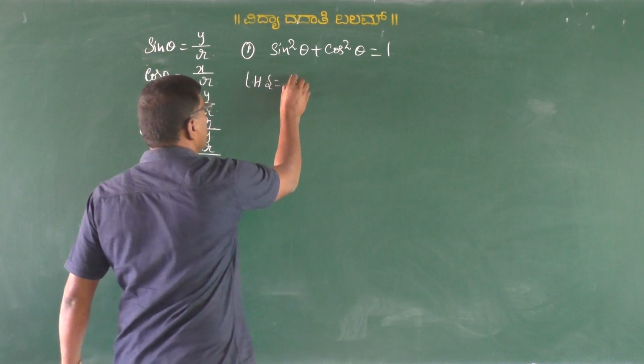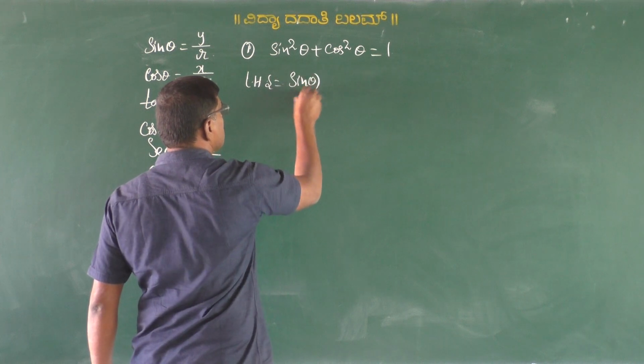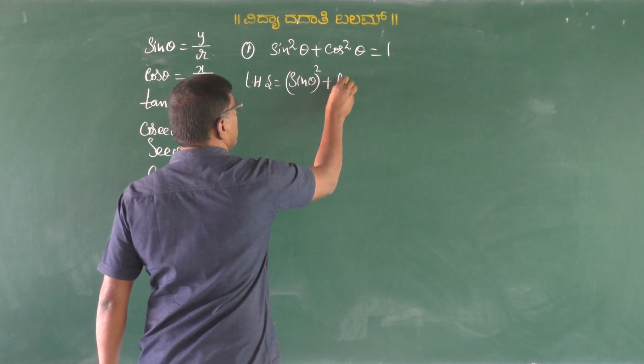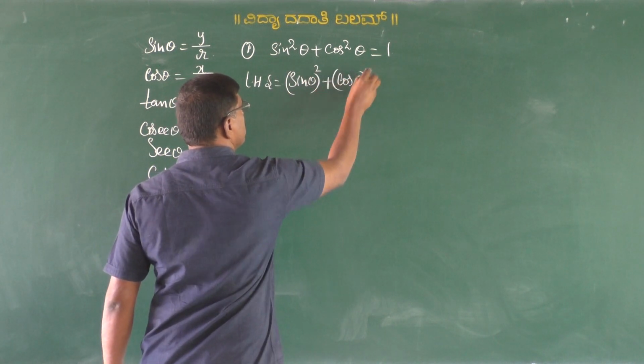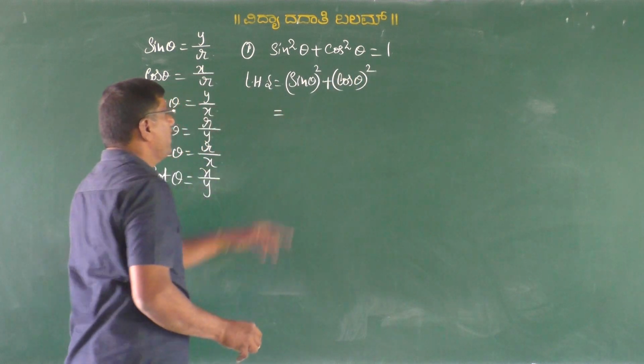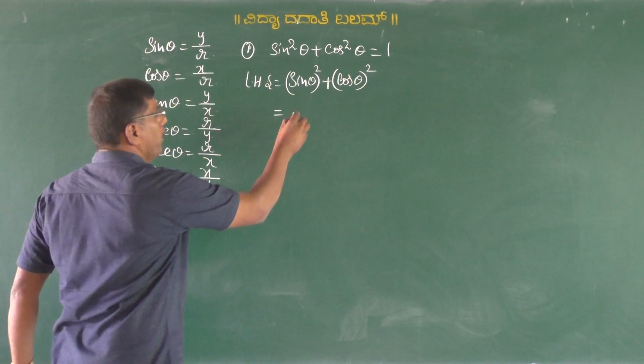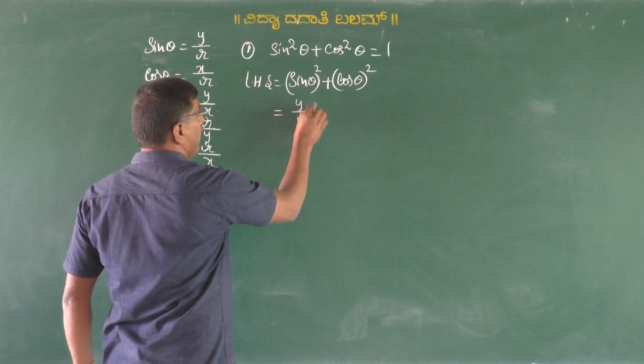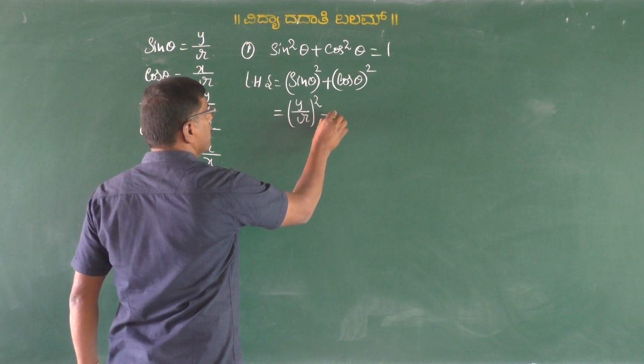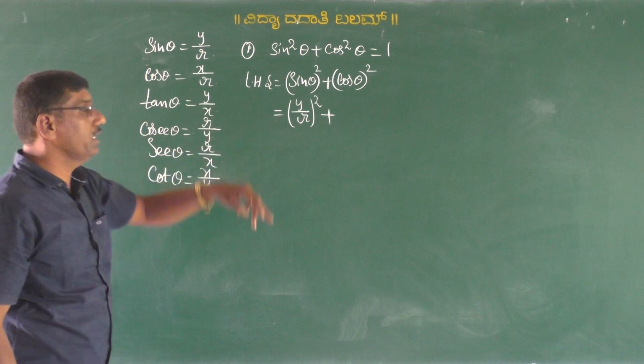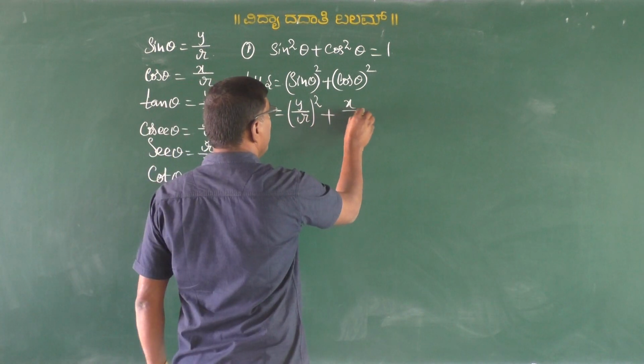That means this can be written as sin theta whole square plus cos theta whole square, isn't it? We know the ratio of sin theta is y by r, whole square, plus cos theta means x by r, that is x by r whole square.